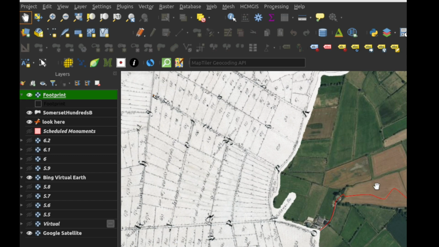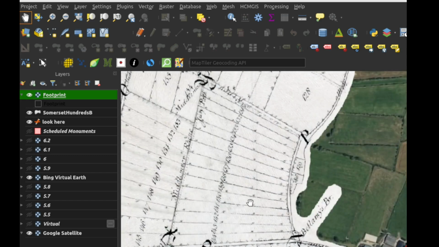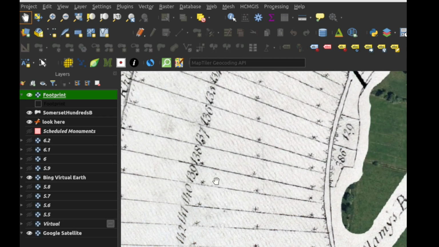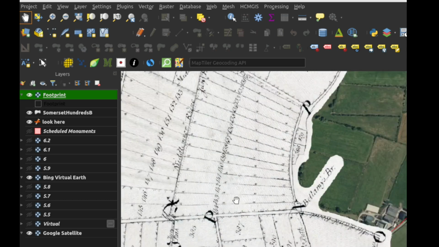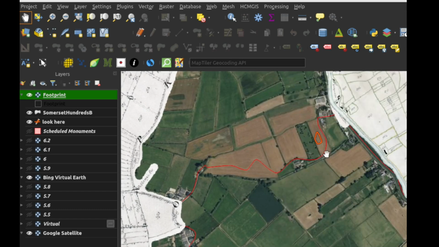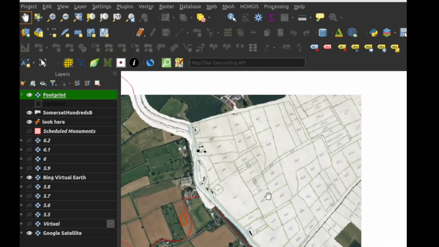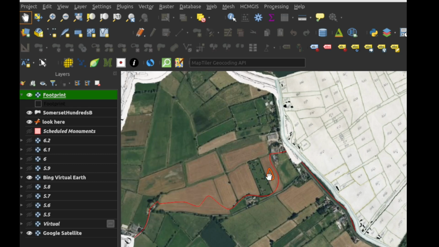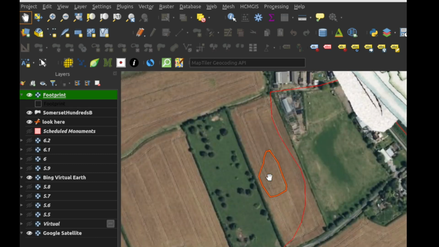But unfortunately, this map doesn't cover that area. But you can clearly see, look how narrow they were. So this would all belong to different people, called Burbage plots. So unfortunately, that map doesn't cover there, look. It's over here, look, but it doesn't cover there. So let's go and have a look at Google Earth.